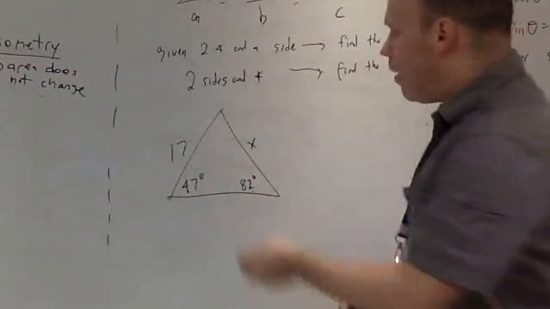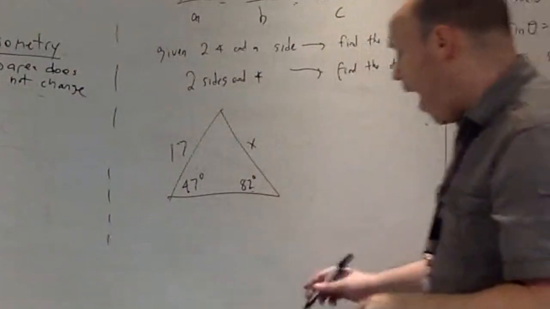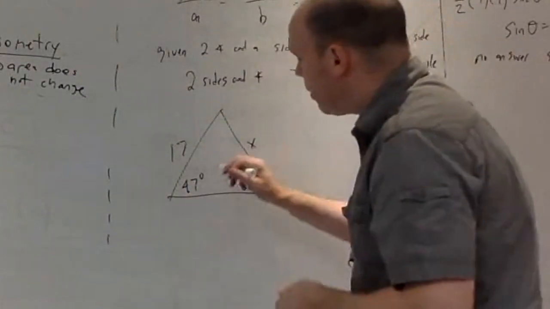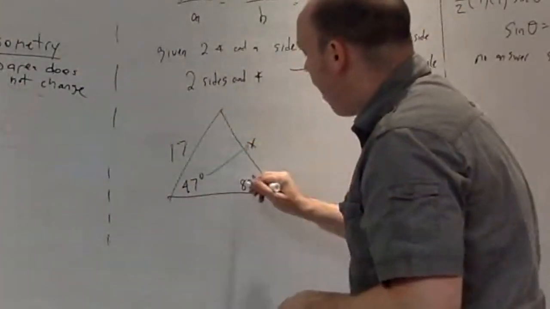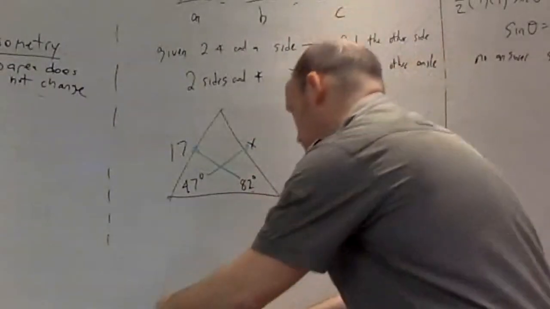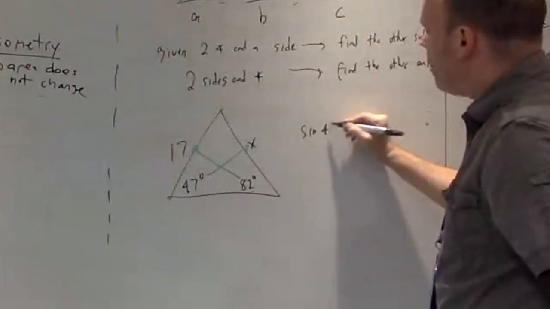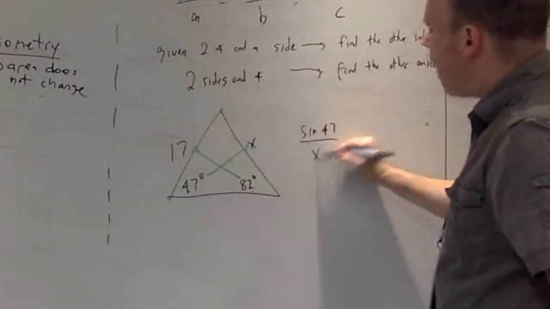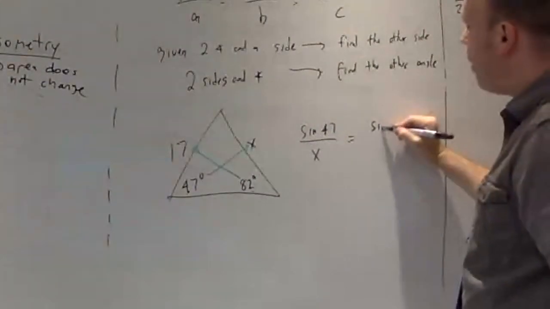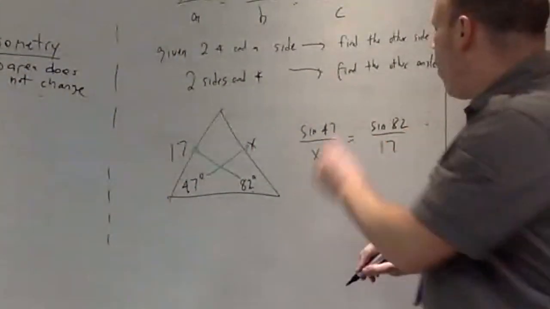And we know from geometry that this triangle is unique because of angle, side. So you say, fine, I have the 47 degrees and the opposite side. I have the 82 and the opposite side. Law of sines. Sine of 47 divided by x equals sine of 82 over 17.